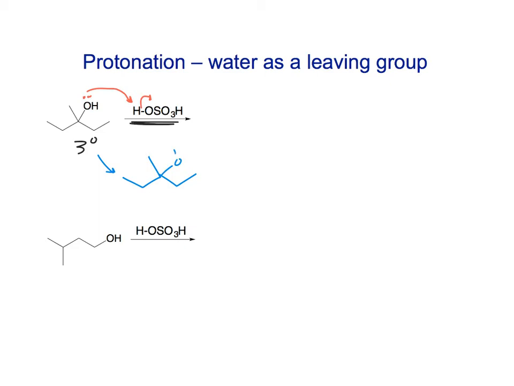This gives us a water molecule here that's a good leaving group. Because we have a tertiary center, the water can leave, leading us to a relatively stable tertiary carbocation.